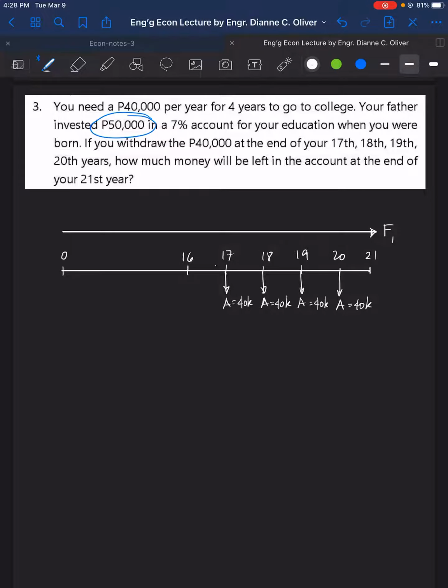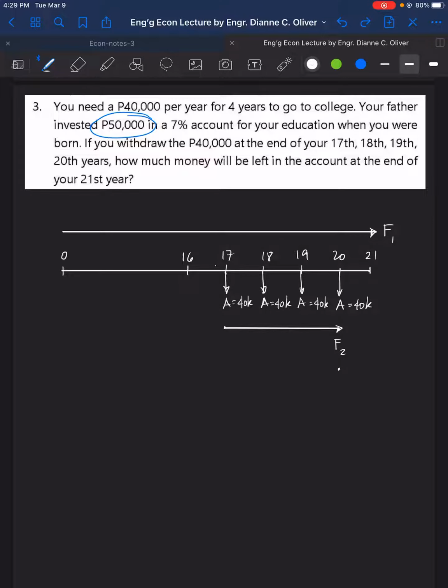So what will we do now? Considering all these payments, we need to get the future worth here up until the last withdrawal, which is the 20th year. Considering that part here, we made 4 withdrawals, we will have this as the future 2. Then for us to compare with the future 1, we need to go to the 21st year.